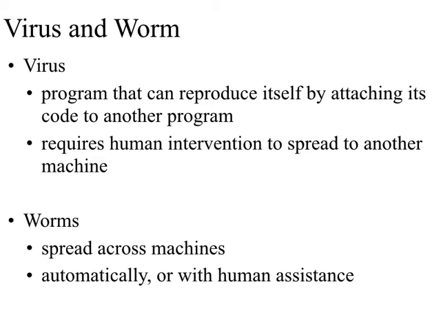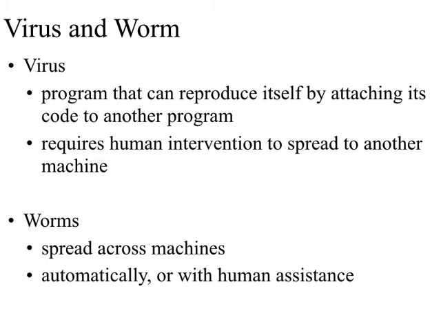Viruses and worms are two commonly accepted threats to computer systems. Viruses refer to programs that reproduce themselves by attaching their code to another program or to another document. So, when you execute the program or open the document, then the virus takes over the computer.